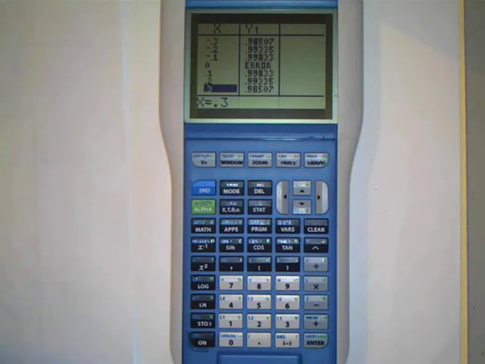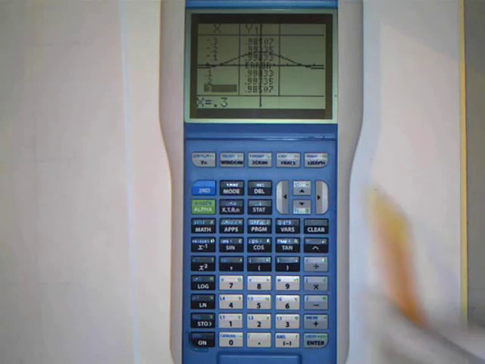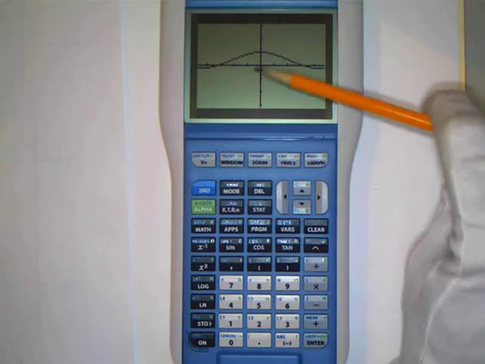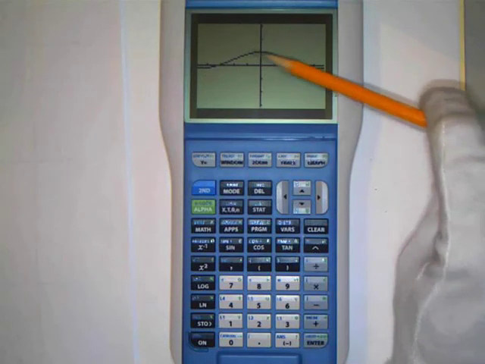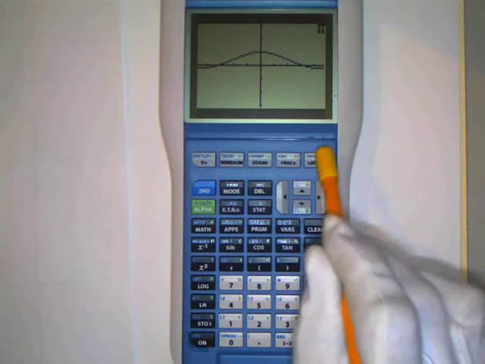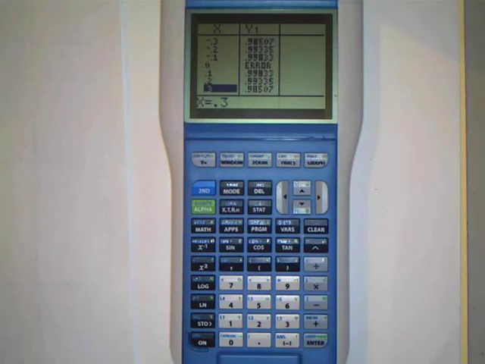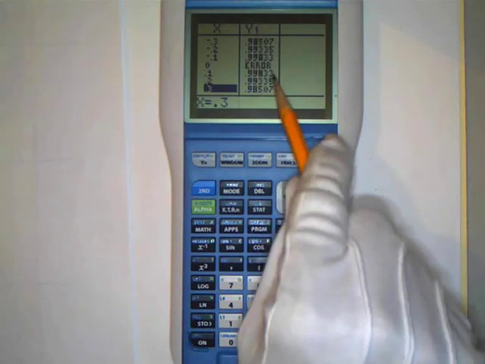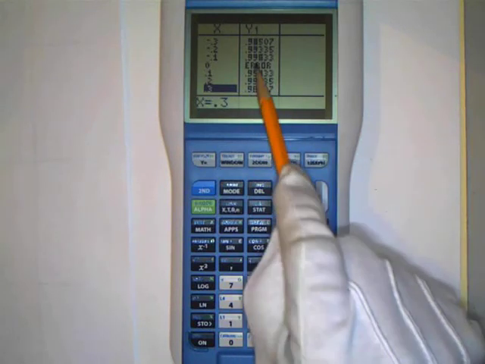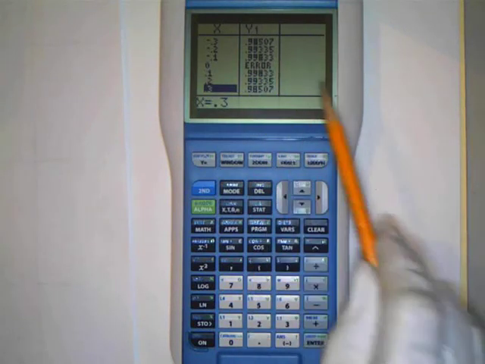If we go back and look at the graph, that's what's happening. You go back and forth and check those. So that's a pretty good indicator, and those are pretty good approximations. We're going out several places.